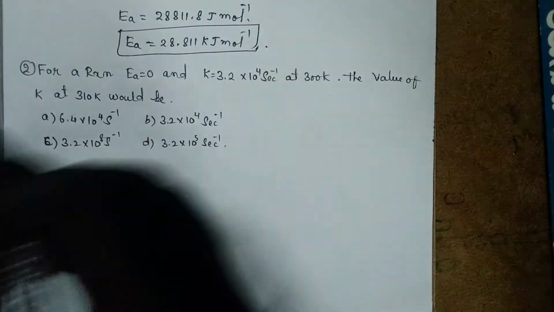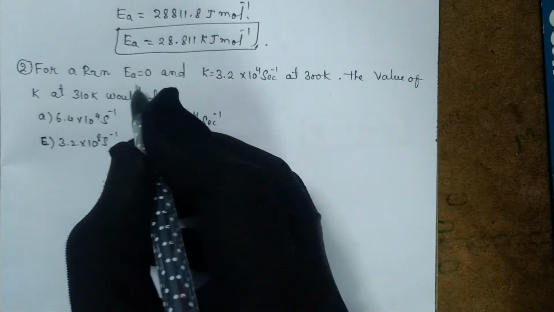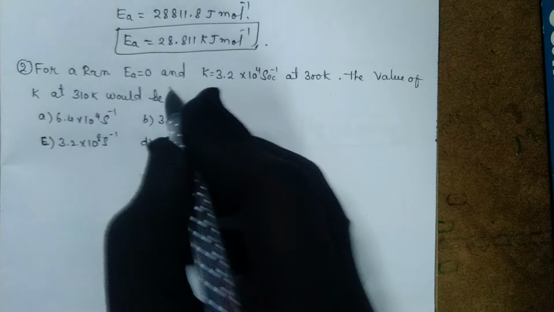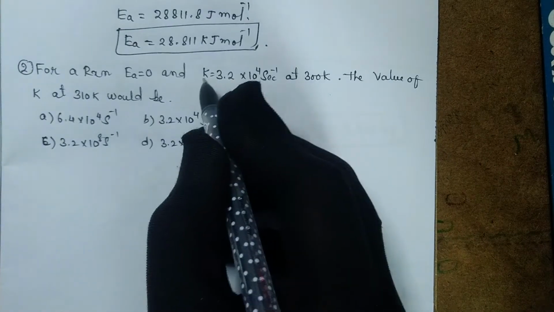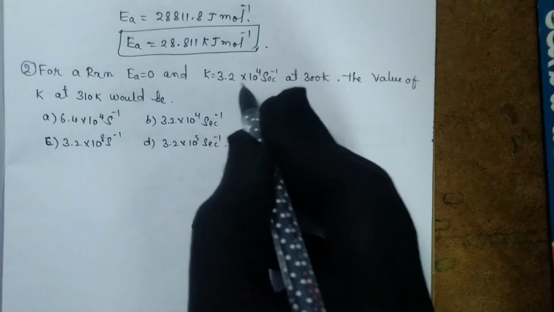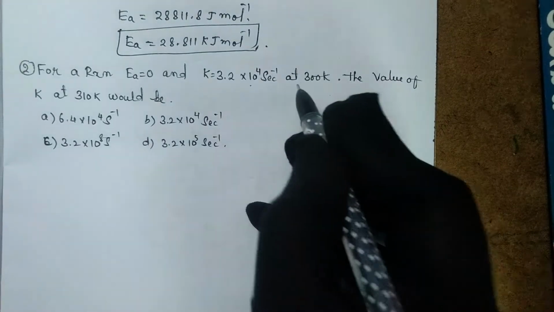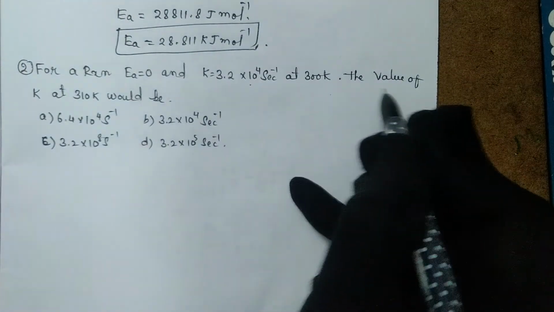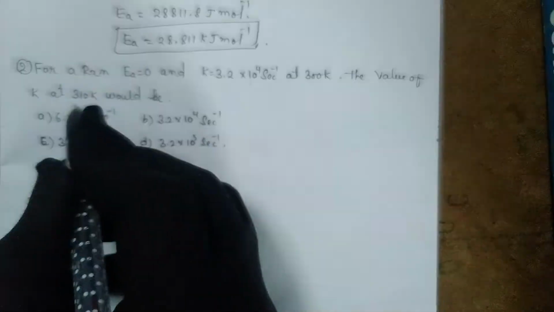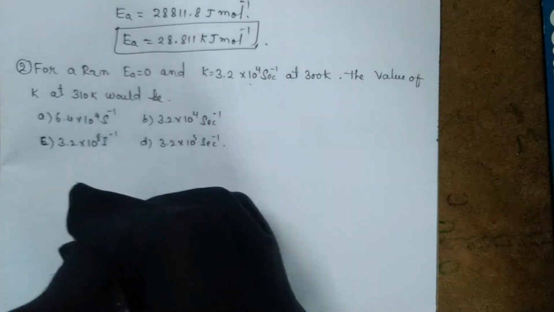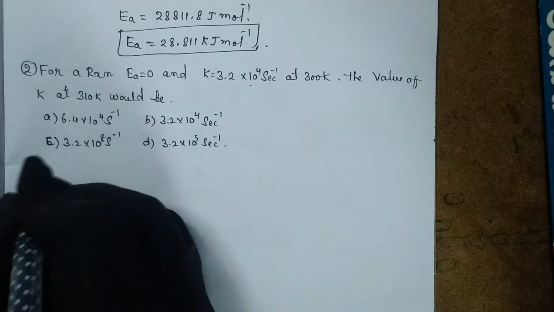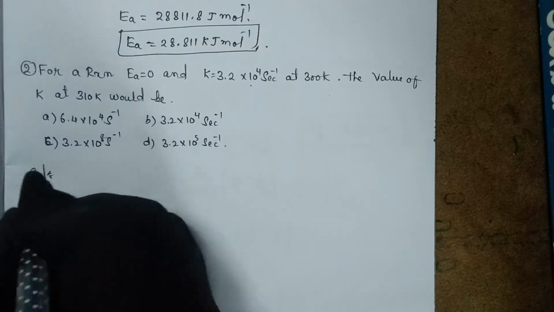Now let us solve the second problem: for a reaction, EA, that is activation energy, is equal to 0 and K, that is the rate constant, is equal to 3.2 into 10 to the power of 4 per second at 300 Kelvin. The value of the rate constant at 310 Kelvin would be? So how can we find the answer?